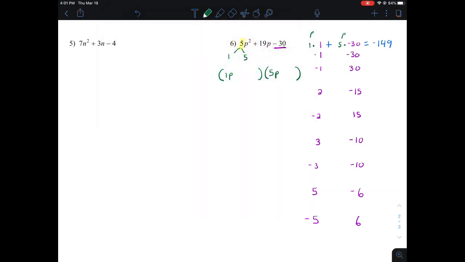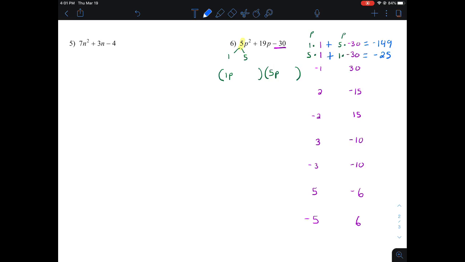So I'm going to times the 1 by 5, the negative 30 by 1, and I'm going to try again. Well, 5 times 1 is 5. 1 times negative 30 is negative 30. That makes negative 25. All right, so neither one of those pair numbers worked.